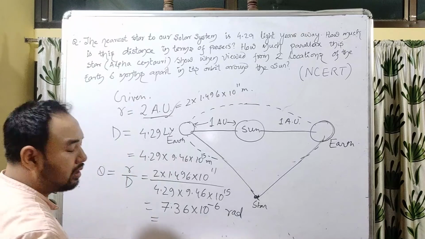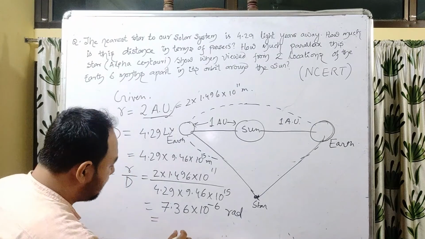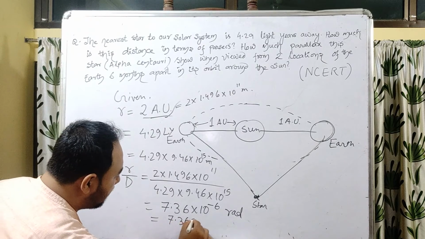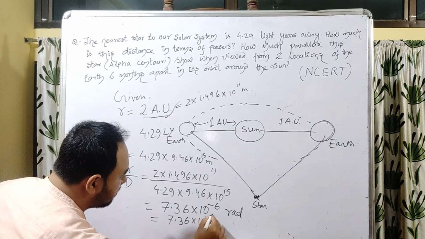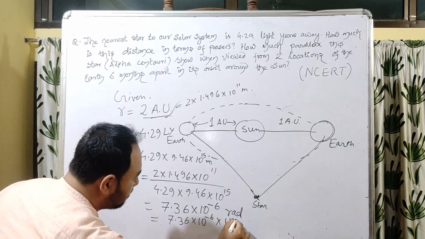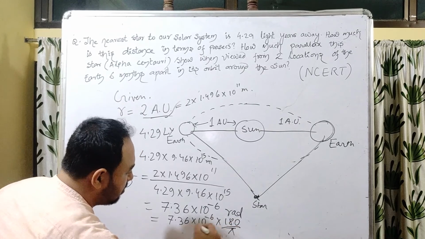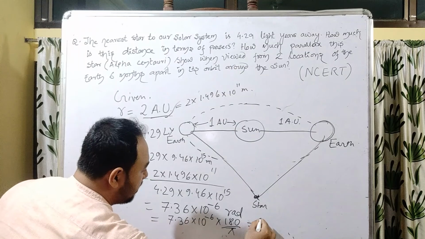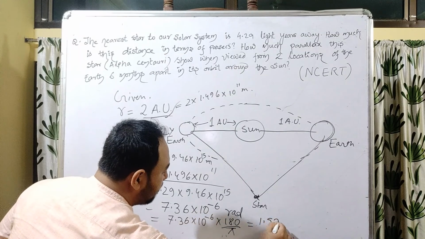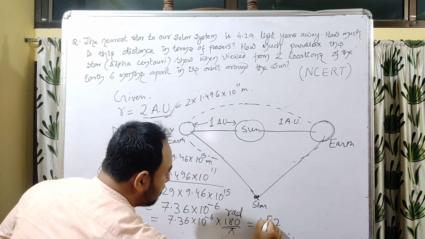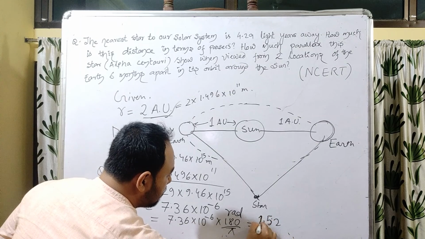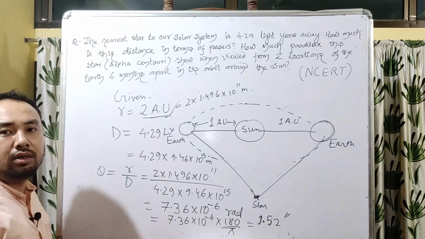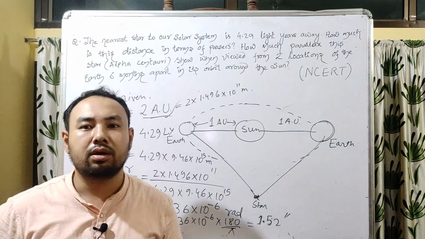Now if you convert this into arc second, then you will have to multiply it with 180 by pi, and the answer will come out to be around 1.52 arc second. Okay, so here we will end our first class.